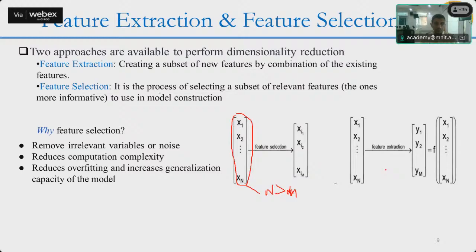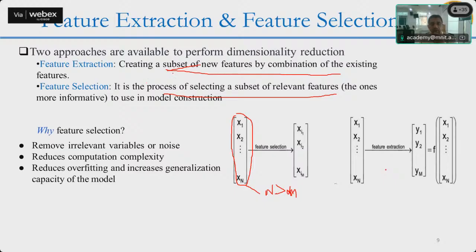Feature extraction is creating a subset of new features, right, by combination of the existing features. And feature selection is selecting a subset of relevant features to use in model construction.